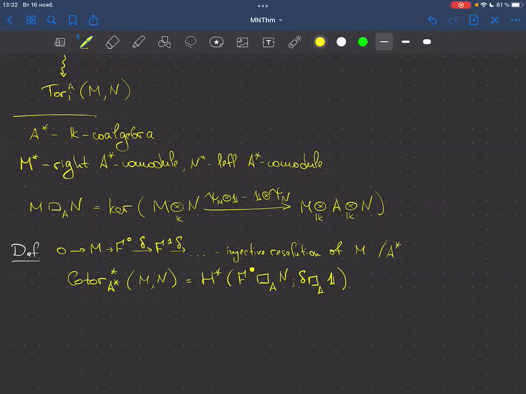We can take the cotensor product with N, obtain the cochain complex, and then take its cohomology and obtain the Cotor functor over A star from M to N.